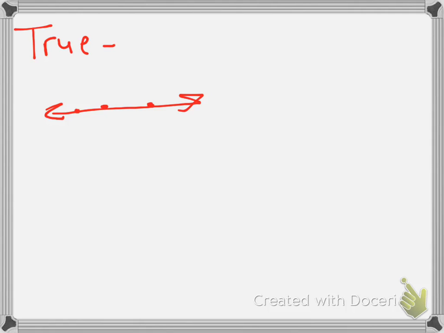Actually, sorry, that's false. Sorry, guys, I read it wrong. Because 3 points are always coplanar no matter what. Either the 3 points define the plane or the 3 points lie in the same plane.